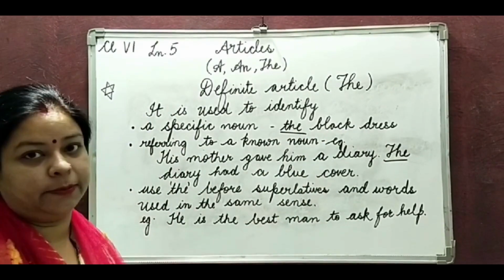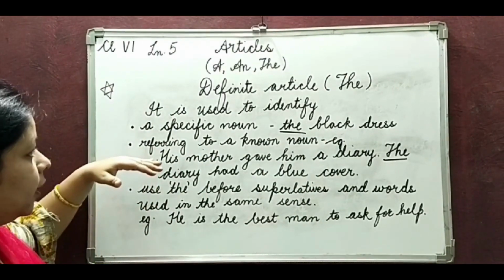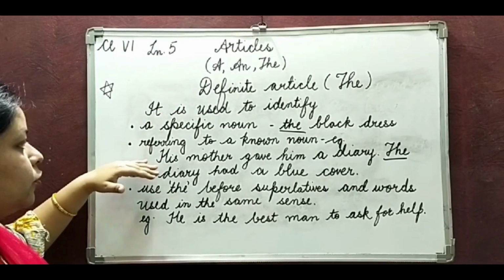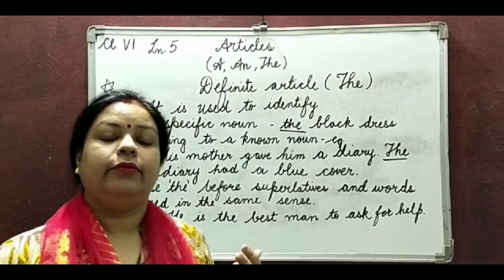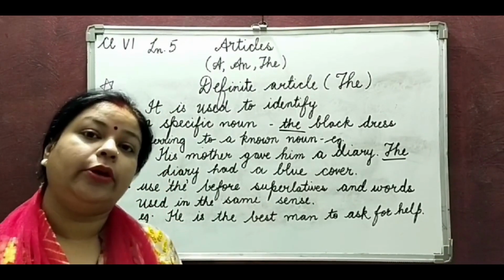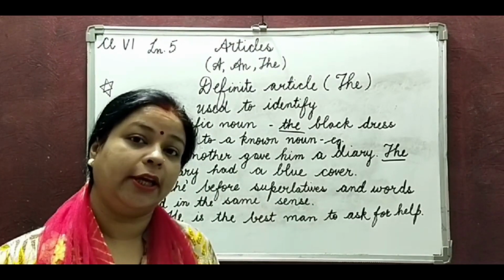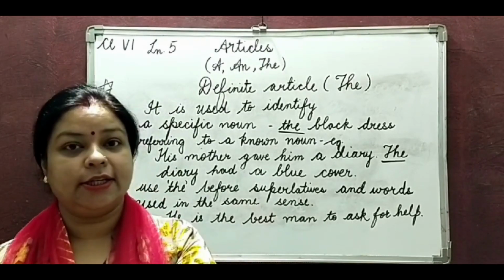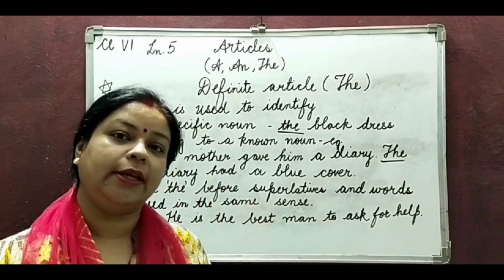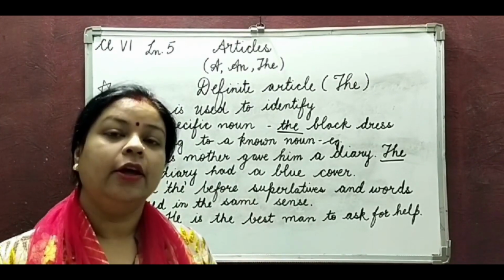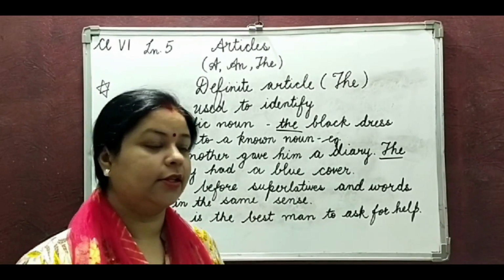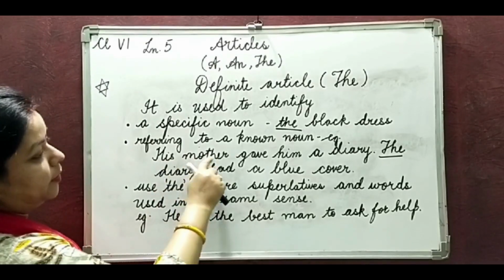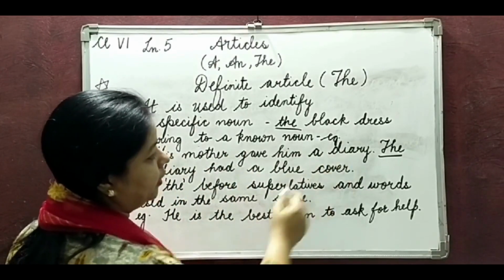The article the is also used to refer to a known noun. The is used when we have talked about a particular person or thing earlier in our sentence. To refer to the same person or thing, we can use the in the second sentence, such as: His mother gave him a diary.